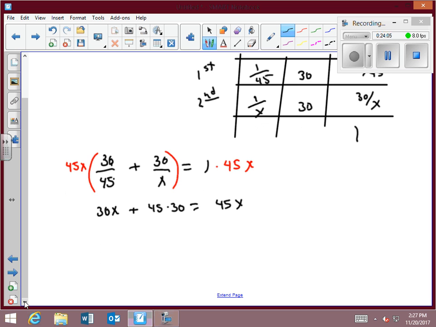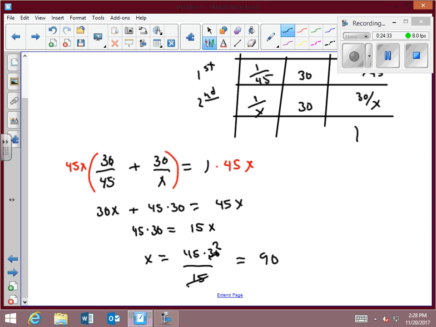Now I want to get x's on one side, so I'm going to go to the right and leave my constants. So I got 45 times 30 equals 15x, right? So x is going to equal 45 times 30 over 15. You can see the 15 goes into the 30 twice. 2 times 45 is 90.